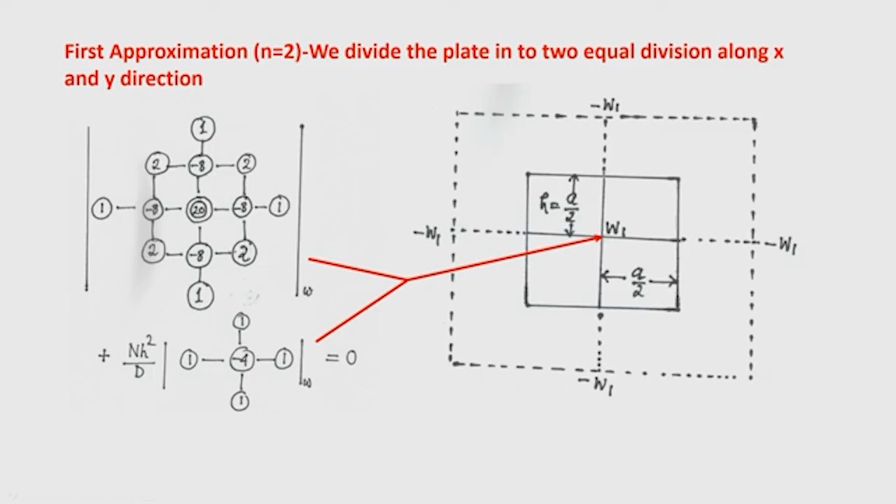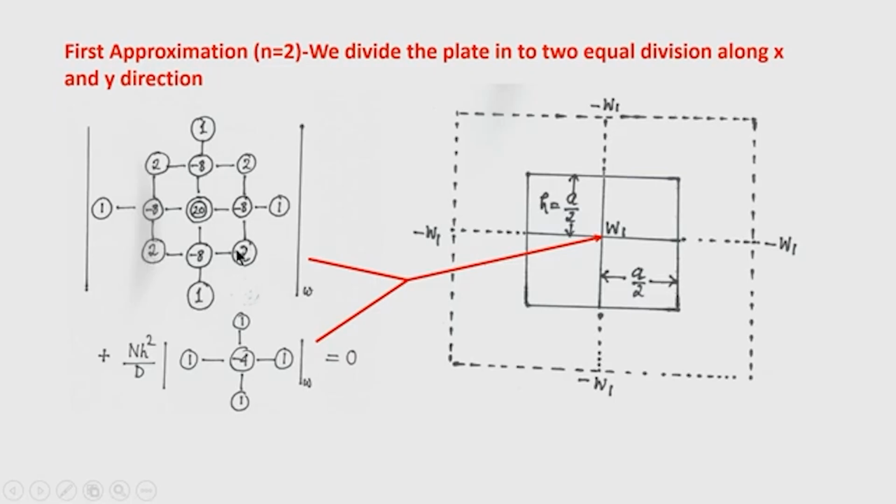So, if you place the double circle here, the coefficient minus 8 will go here, and naturally this node is falling on the boundary and therefore the deflection is 0. Okay. Similarly, towards the left-hand side it is also on the boundary, on the right-hand side top it is also on the boundary, and on the bottom it is also on the boundary.